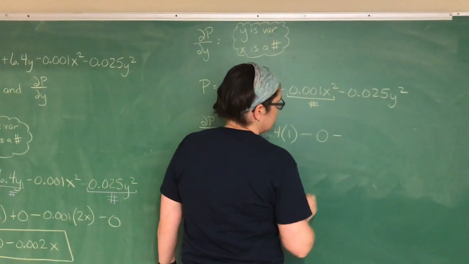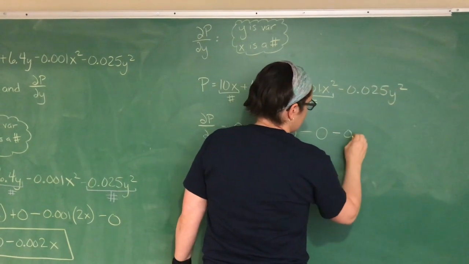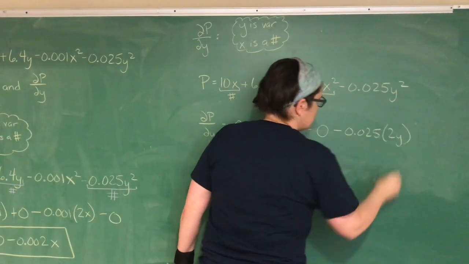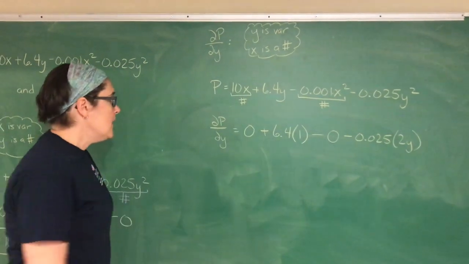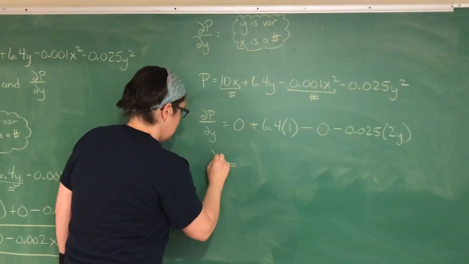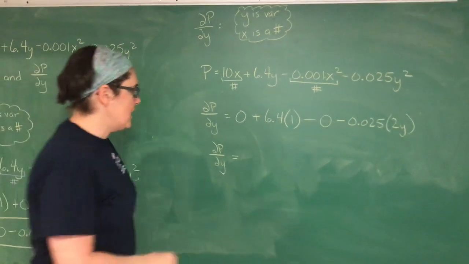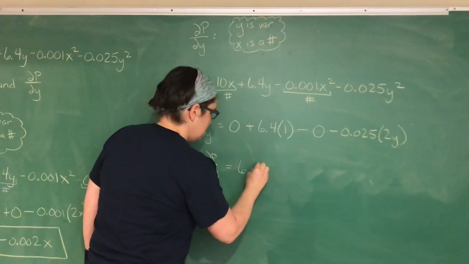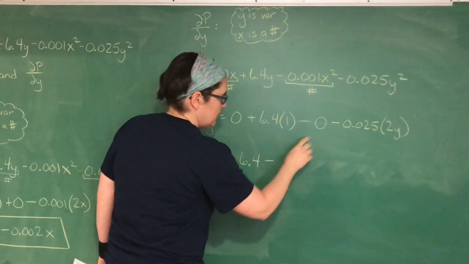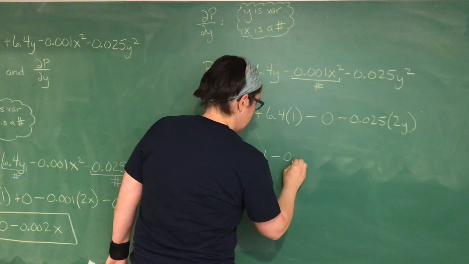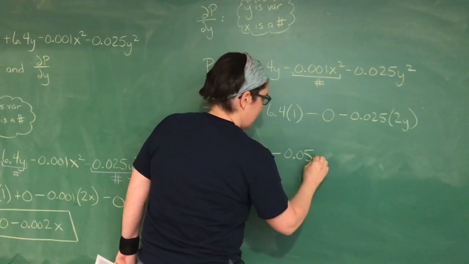And finally, I carry along this number, 0.025, and take the derivative of y squared, which is 2y. And once I've written all of this down, I can clean up. And so my partial derivative of p with respect to y will be 6.4 minus, okay, and then 2 times 0.025 will be 0.05y.